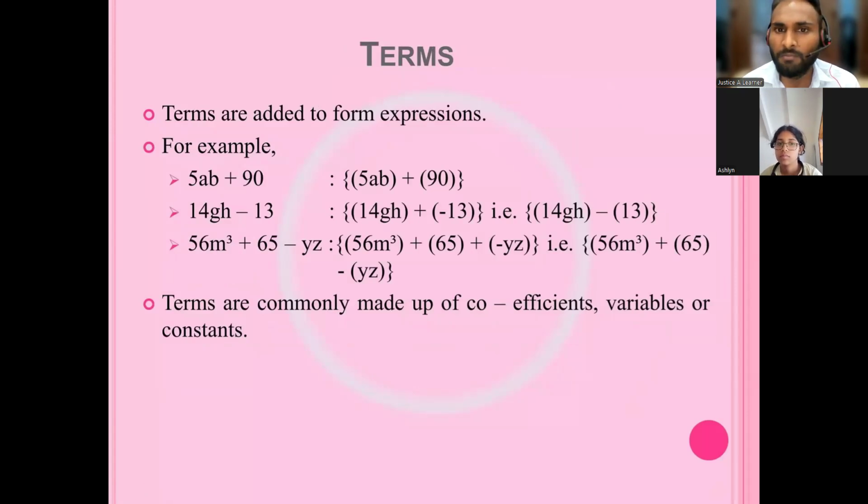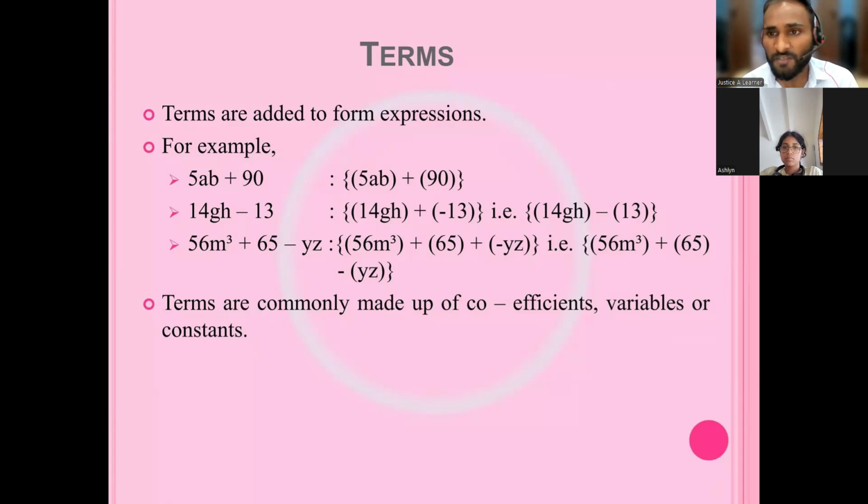Terms are added to form expressions, like we can see 5ab plus 90. How many terms are there? Can you see? There are two terms. All right. So terms are commonly made up of coefficients, variables, and constants.